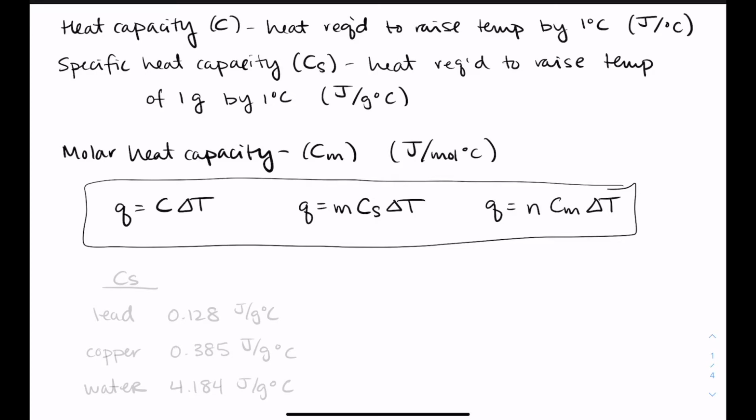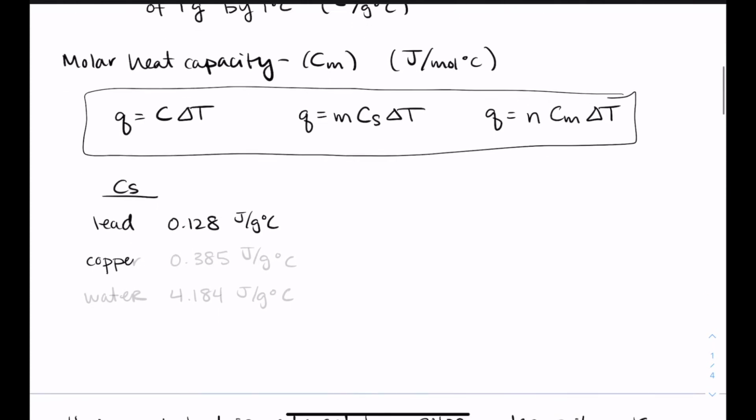And I have some selected heat capacities here. These are usually not in the equation sheet, so if you're looking for heat capacities for working on problems, they're probably in the reading, or it's something that I would give you on an exam question.